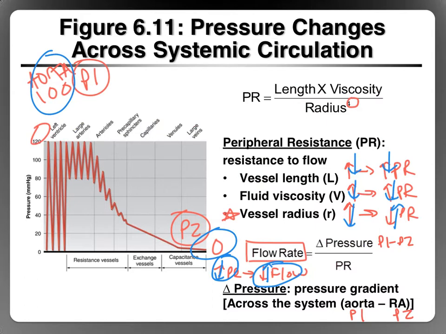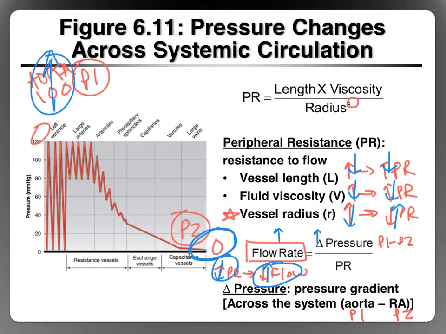During exercise, again, we want flow rate to increase. Because pressure is directly related to flow rate, if we increase delta pressure, we're going to increase the flow rate, which is what we want to do during exercise. The pressure in the right atrium doesn't change during exercise, but the pressure in the aorta goes up.